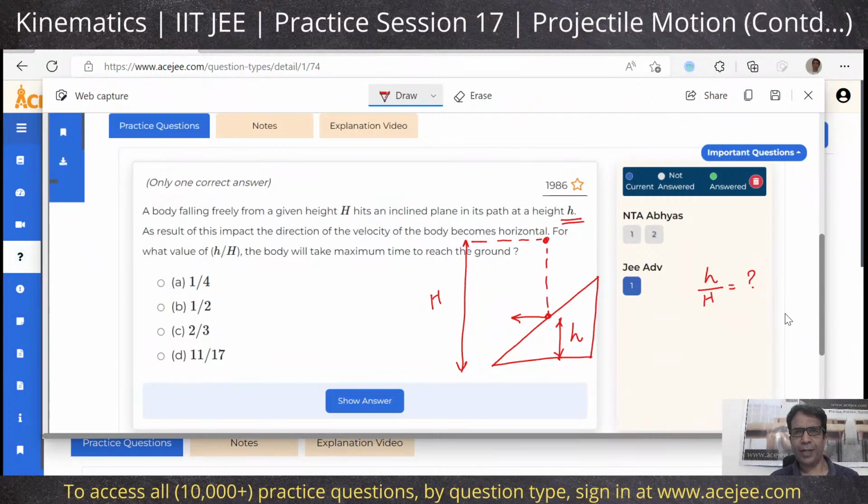You might need my help a little bit to try and figure out the horizontal velocity after the collision. But first, think through it, and then we'll have a discussion.